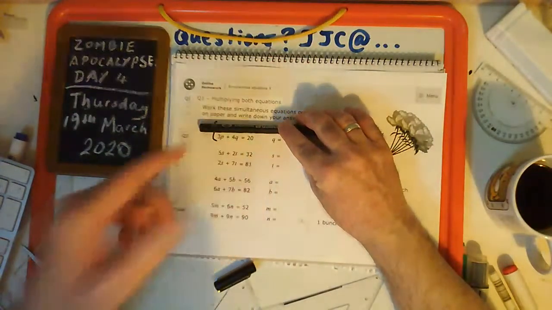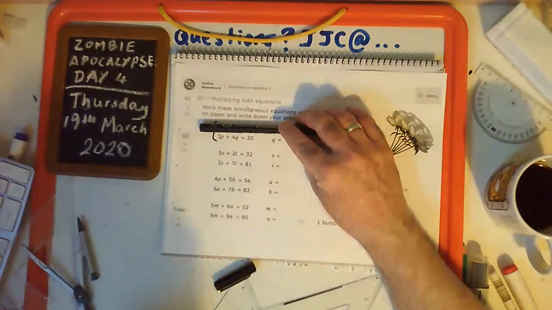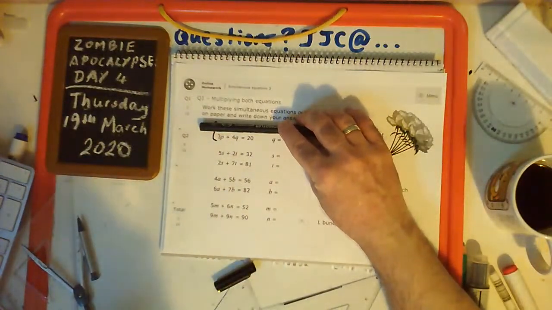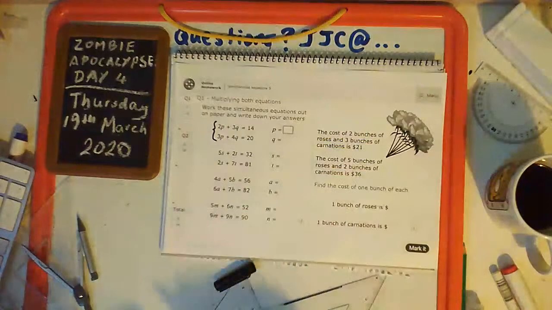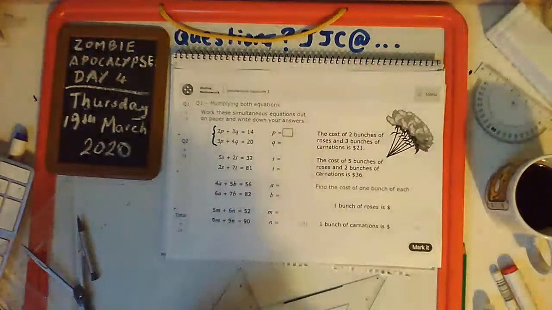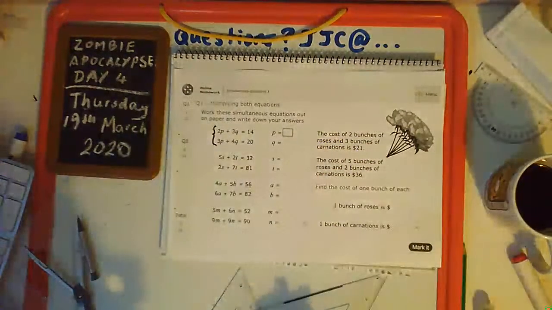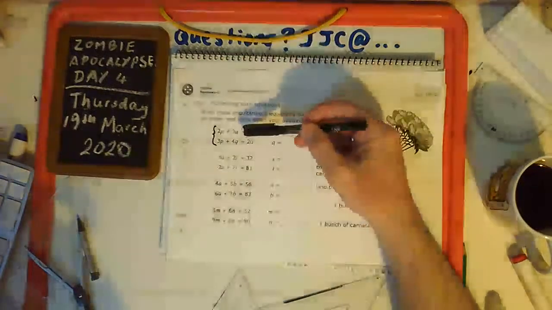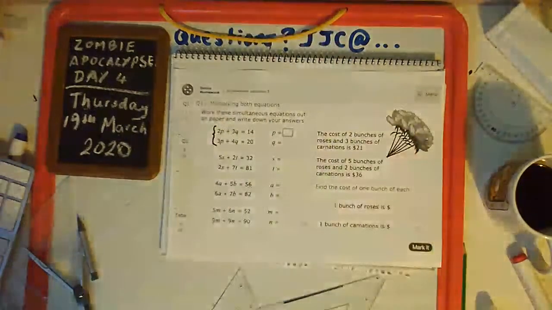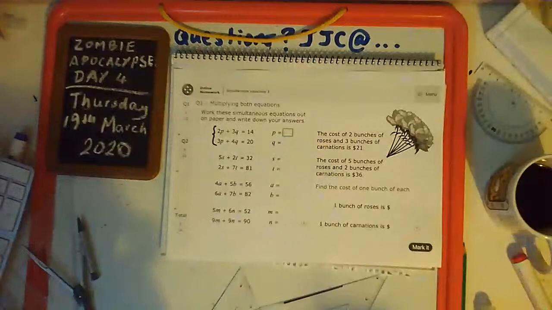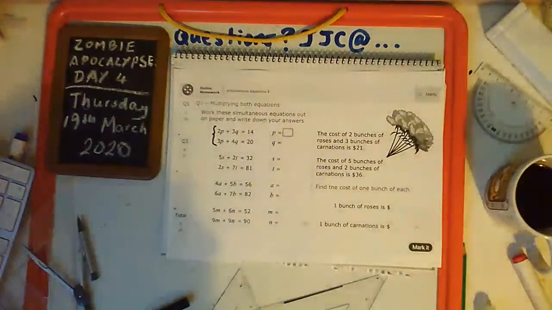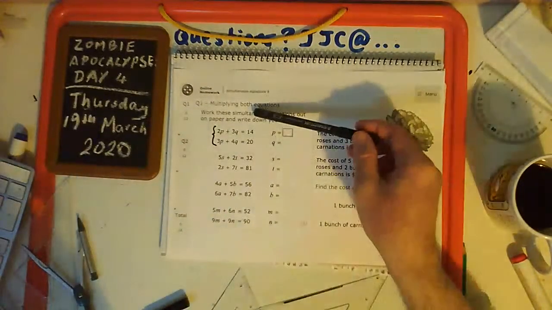But the whole point with simultaneous equations is that you've got to find the two letters, p and q in this case, that work for both equations at the same time. Another word for at the same time is simultaneously, of course.